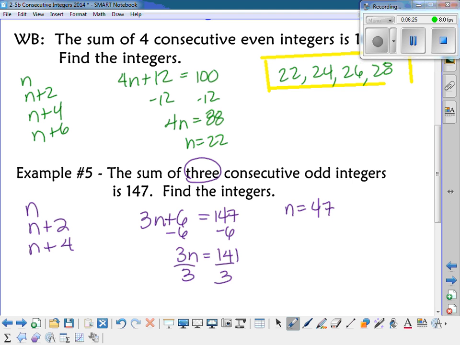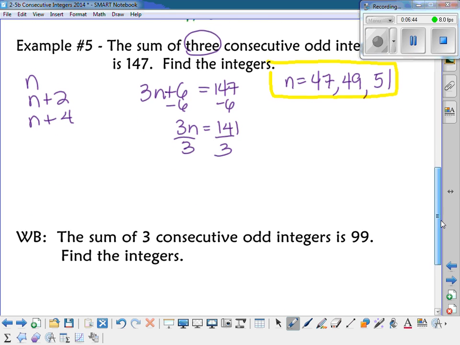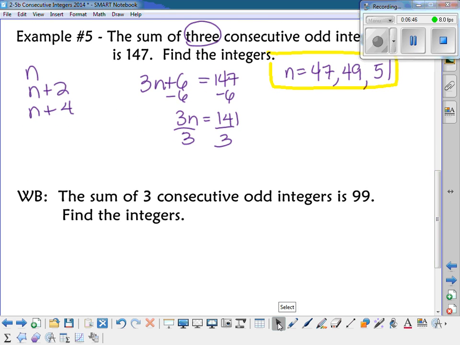So that means my numbers are 47, 49, and 51. Be careful when you go back to write your answer: it's not just 47, 48, 49. It's 47, 49, 51. Consecutive odds.